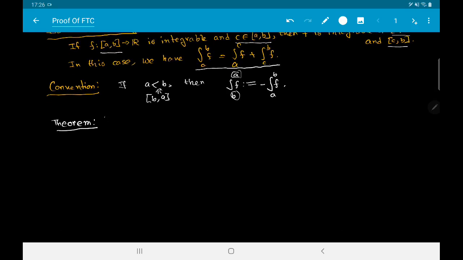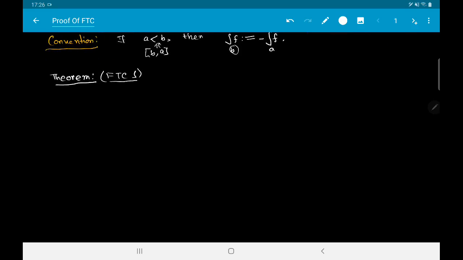So here let me write down the statement of the fundamental theorem of calculus, the first part. What did it say?